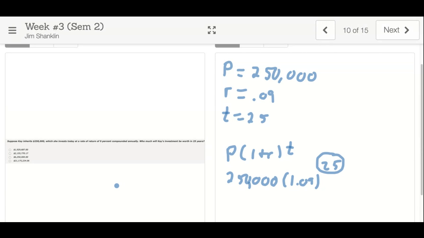As I said, my calculator is not going to do it, but I know that 9% for 25 years... Usually a good rule of thumb is that 7% for 7 years doubles your money. Well, this is 9% at 25 years. That's going to be more than 4 times. It's going to be more than 4 times its average. So yeah, that thing is going to grow fast. So you guys are saying the answer is B? All right. I will go along with you guys.